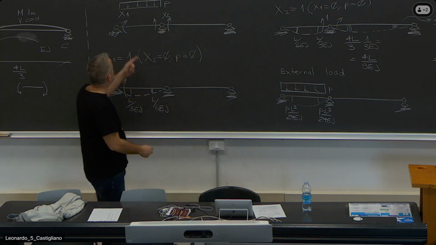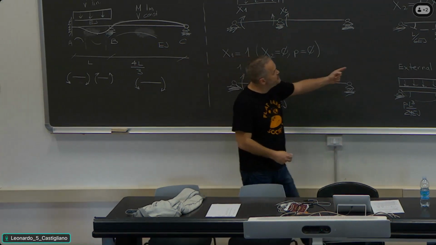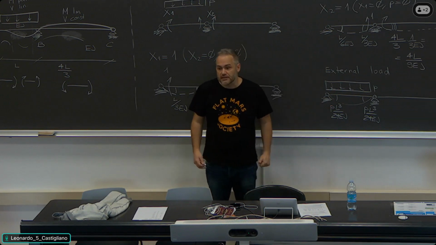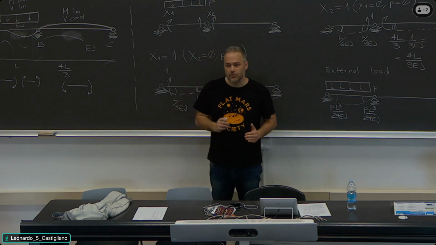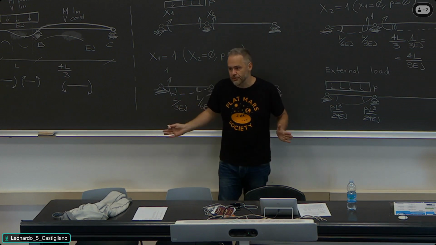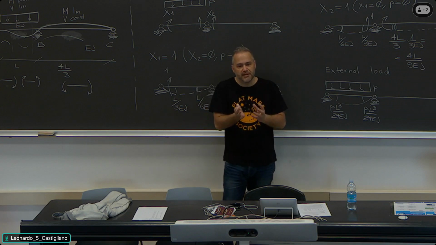As you see here, there is a rotation here, there is a rotation here, and there is a rotation here. These rotations cannot take place. Or, to put it in other words, the sum of these three rotations should be equal to 0. That's the essence of the force method.